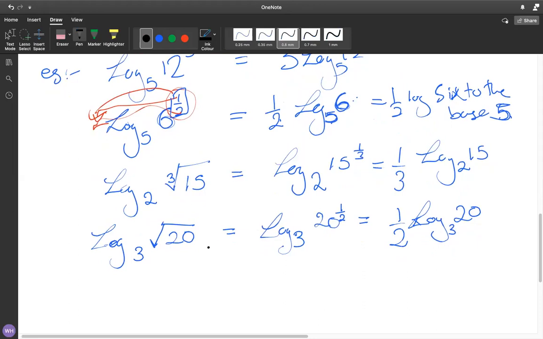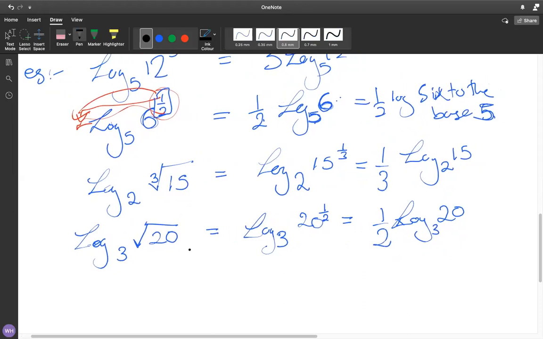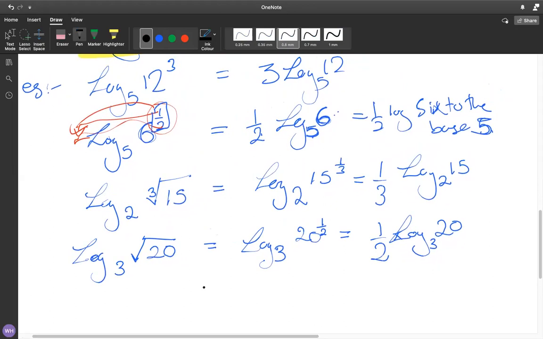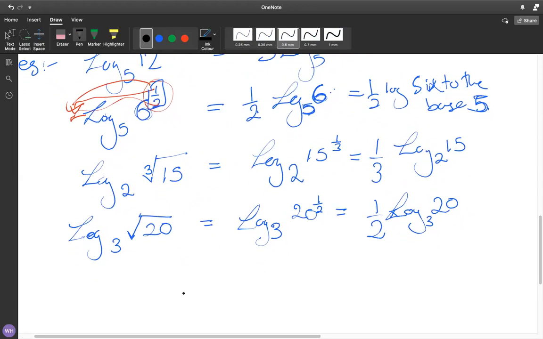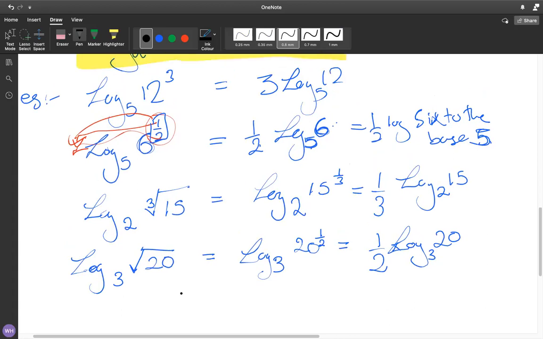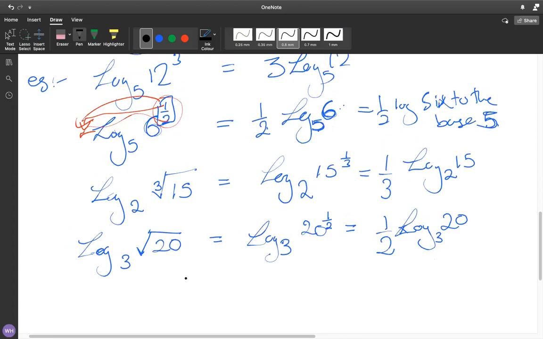Hope you guys have written the very first few examples. If not, let me know. I will not scroll up. If you have done, I will scroll. I will just go downwards.